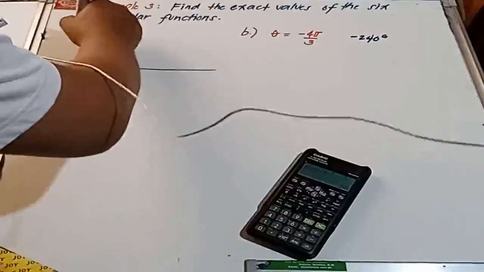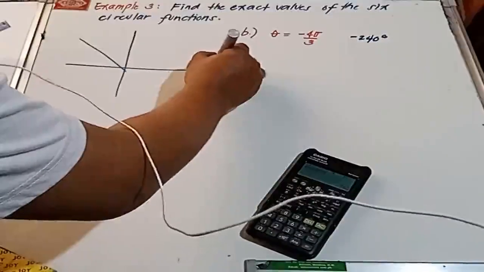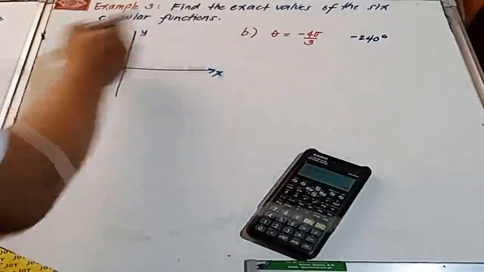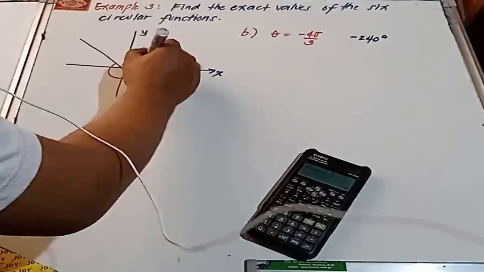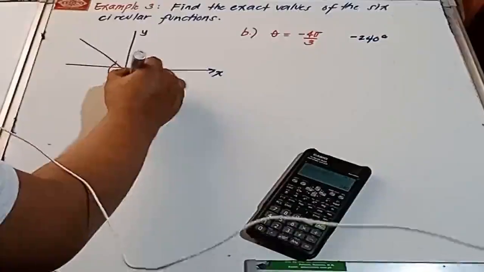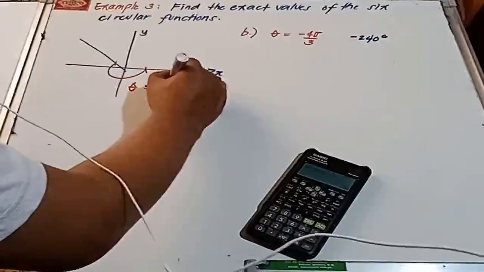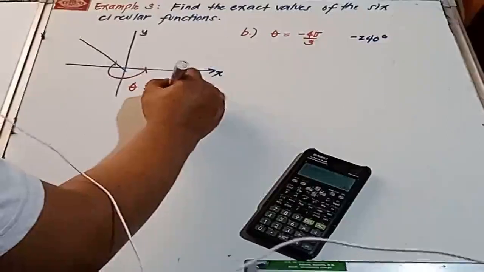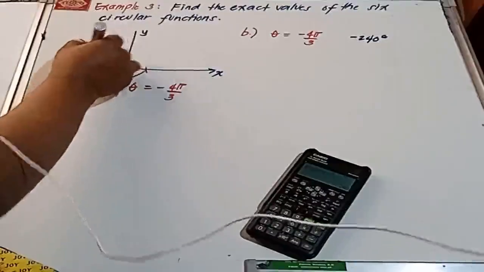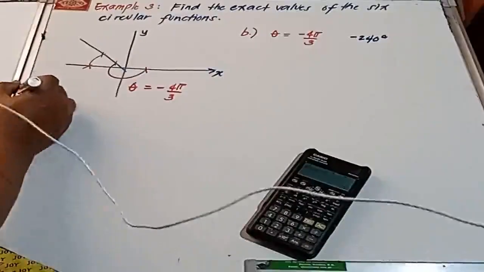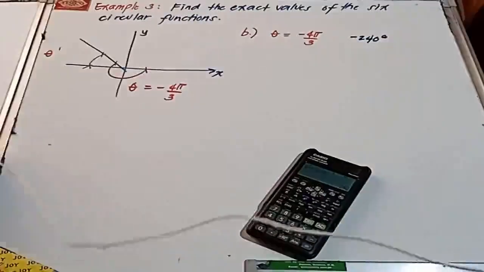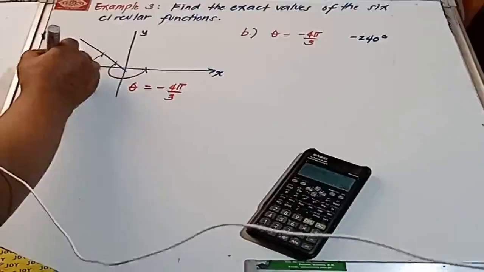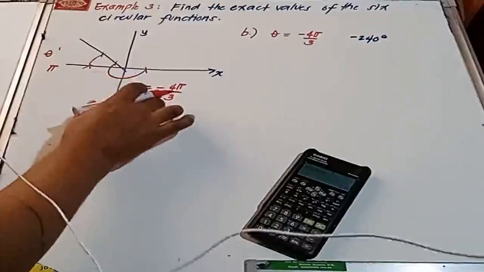So, nandito siya. So, ito yung ating x, ito yung y. This is our theta. Okay? Which is negative 4 pi over 3. Kailangan nating reference angle ito. Yan yung gap between the terminal side and the horizontal axis. Theta prime. Okay? This is pi. This is 4 pi over 3.